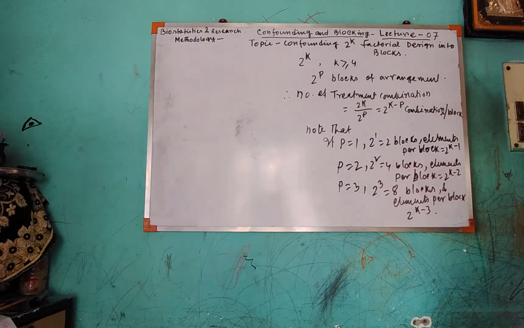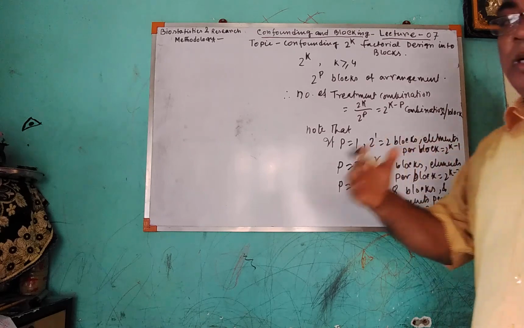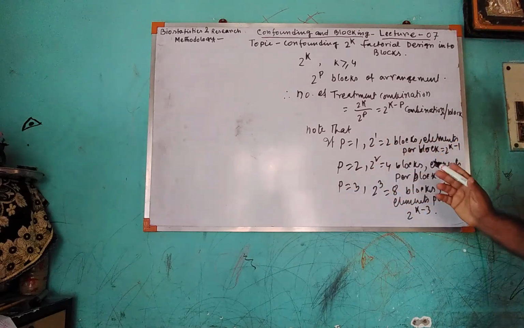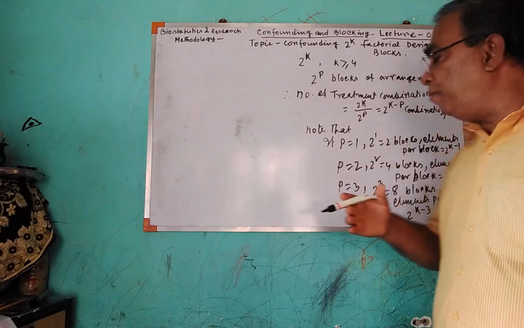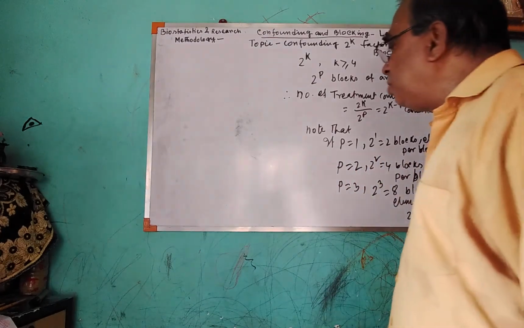Here p equals 2 once again. If p equals 2, the number of blocks will be 4, and elements per block, where elements means treatment combinations, equal 2 to the power k minus 2. And another thing is very important.